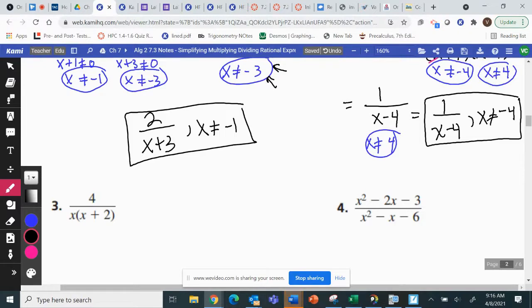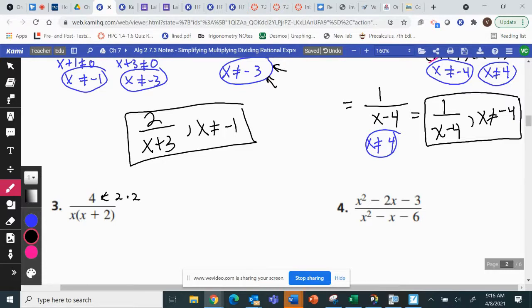Number 3. Do you see it's already factored? Okay. Anything I can cancel? Actually, technically, it's not factored. I mean, 4 could be 2 times 2, right? Is there a factor of a 2 in the denominator?